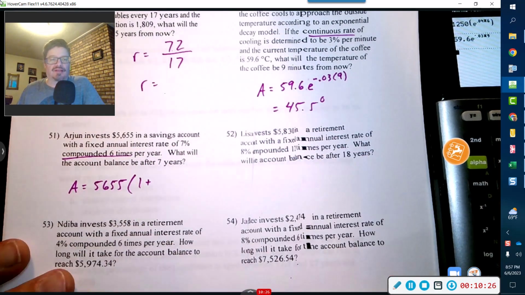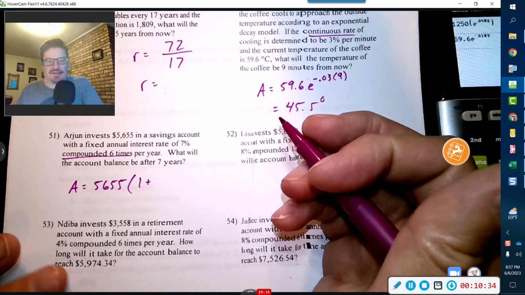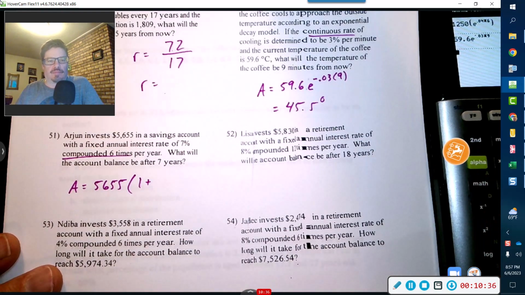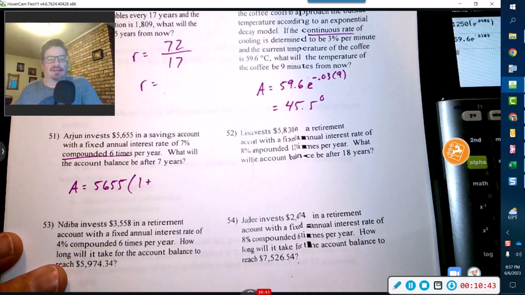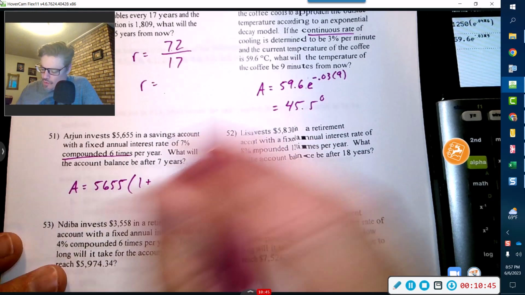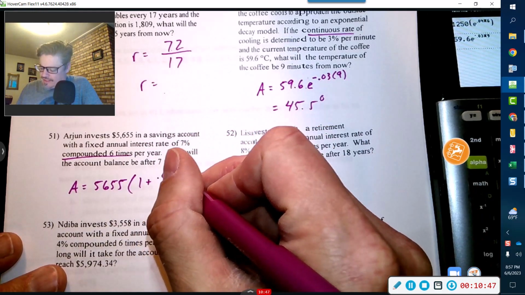Some of you guys, I don't know if you didn't write the formula on your note card or what, but you know, don't overthink this. Some of you, I would just write one example on your note card, and then that way you can look at it and say, okay, that's how you do it. It's just a formula. I don't want you overthinking it. You do the same thing every time.